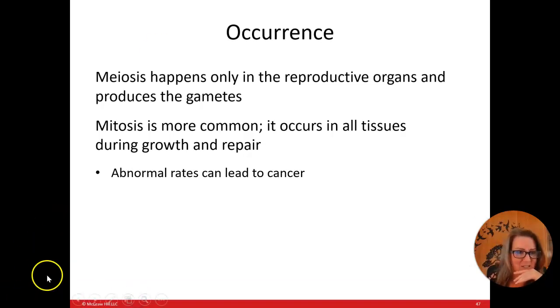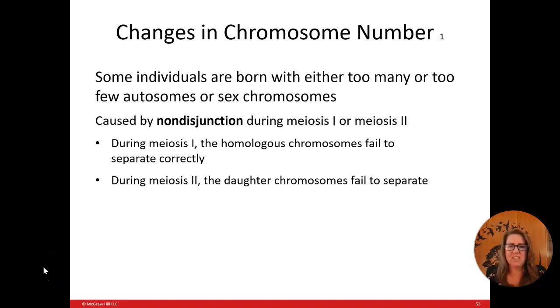Okay, so another thing that can happen is that we can have changes in chromosome number. So in an ideal world, you have 23 chromosomes from mom, so one set from mom, 23 chromosomes from dad, or another set from dad. But sometimes what happens is that an individual can inherit too many or too few, both autosomes, 1 through 22, or sex chromosomes.